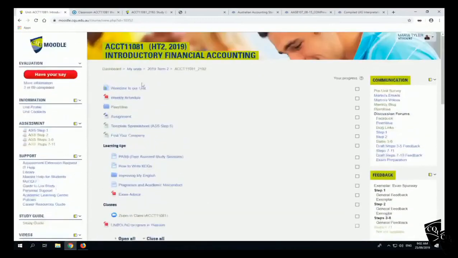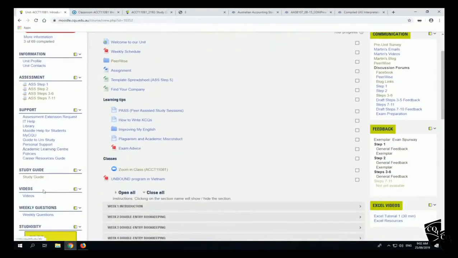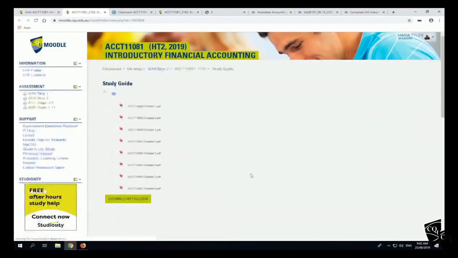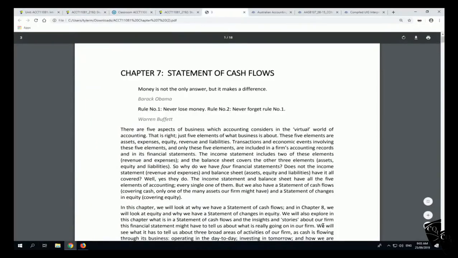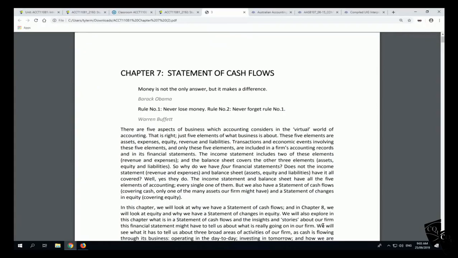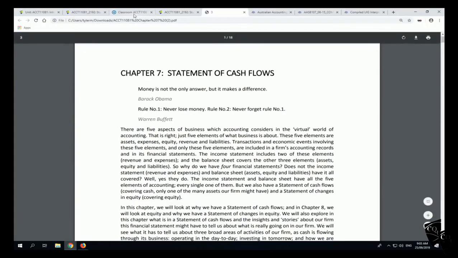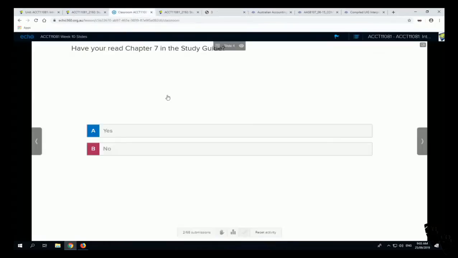This is our unit's Moodle site. The study guide is on the left-hand side. Chapter 7 is the second last chapter in the study guide for our unit. It's all about the statement of cash flows. So just let me know, have you read that chapter, or if you haven't?